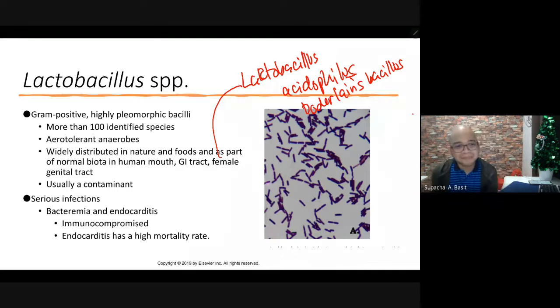Okay, so sometimes it could also be a contaminant in our culture. However, do you know that Lactobacillus may also cause serious infections, such as bacteremia and endocarditis among immunocompromised individuals, and endocarditis has a very high mortality rate.